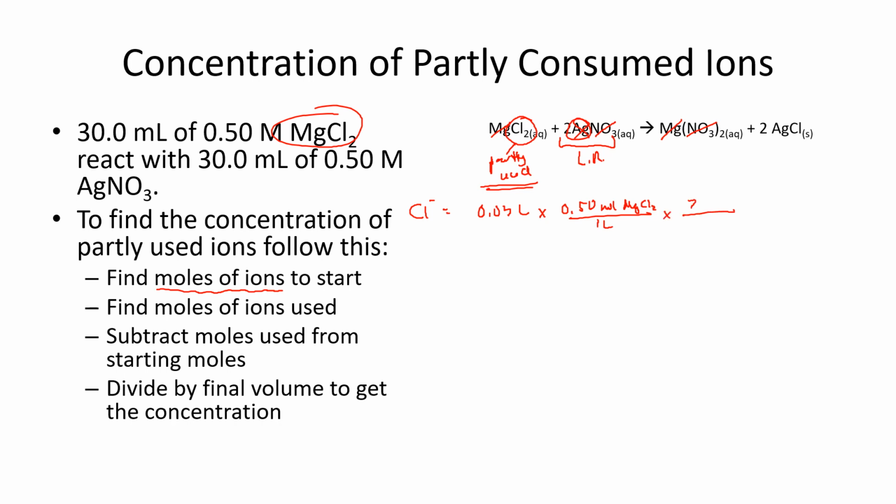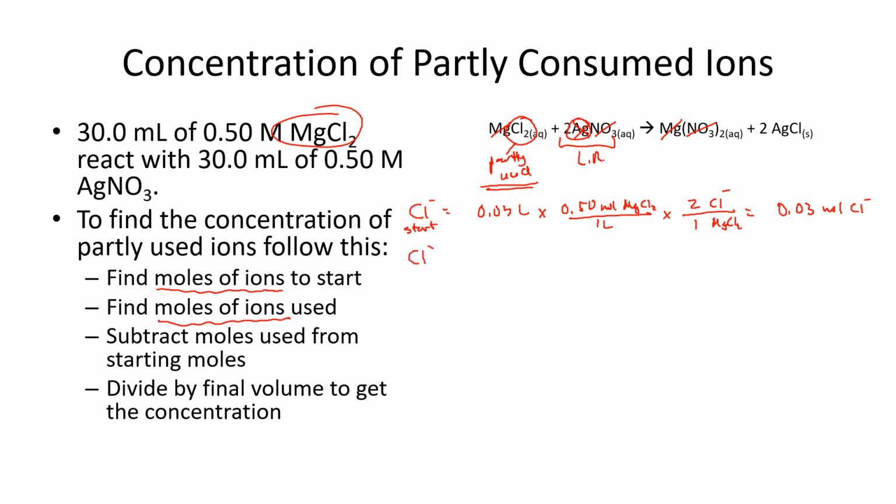And we see that there are 2 chlorines in every 1 magnesium chloride. So that's going to give us 0.03 times 0.5 times 2 equals, and we're back to 0.03, 0.03 moles of chlorine ions. And then it says, find the moles of the ions used. So that was to start.